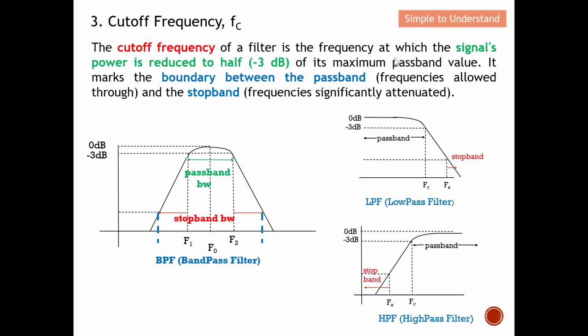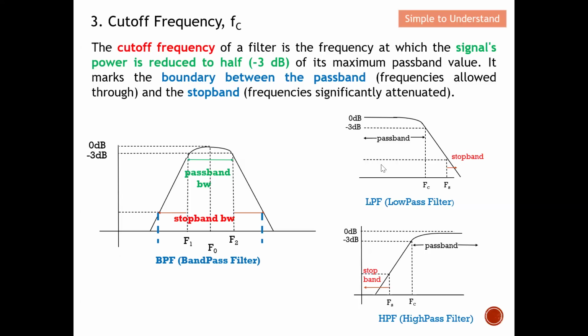So this is what is mentioned over here. It also marks the boundary between the pass band and the stop band. As you can see from here, the cutoff frequency also marks the pass band and the stop band. So basically this is the definition of cutoff frequency. In short, for a low pass filter, it is the transition between pass band and stop band.